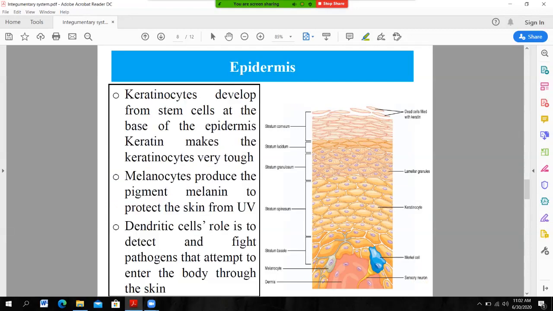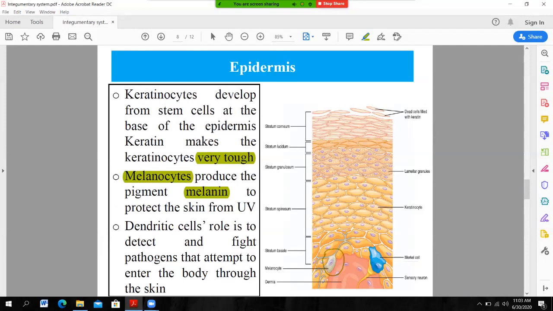Keratinocytes develop from the stem cells at the base of the epidermis. Keratin makes the keratinocytes very tough. Keratinocytes contain an important protein known as keratin, and its function is to make the skin tough. Melanocytes produce the pigment known as melanin, which is responsible for the coloration of the skin.